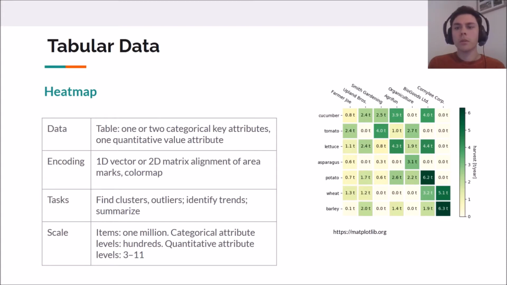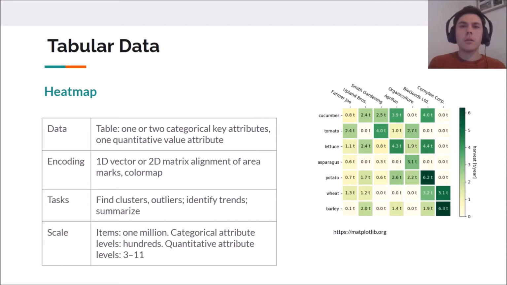You can spot a particularly dark cell very quickly and look up the corresponding attributes. They allow identifying trends, and they often serve as very nice summaries of large data sets. If you make the actual cells very small, which you can sometimes do quite nicely, they scale to millions of items with hundreds of categorical attributes.